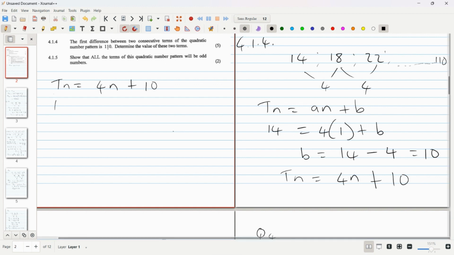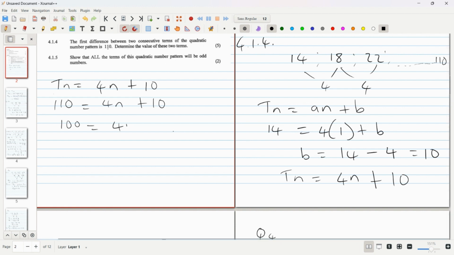So Tn will have to be equal to 110, and then we have 4n plus 10. When we solve for n here, this 10 has to go to the other side, and then we'll have 100 equals 4n.